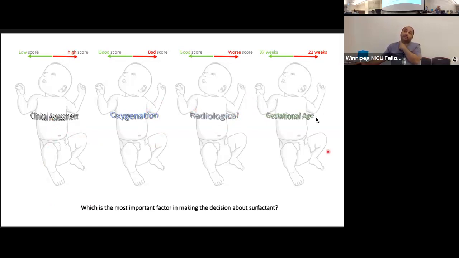Or an extreme preterm infant, like 25, 26 weeks, who has good imaging, good oxygenation, and even good clinical assessment. You would say, okay, 25 weeks does not require surfactant. That's very weird, and you will regret it if this baby develops something or gets worse beyond 12 hours or 24 hours of age. And as we all know, RDS is also a dynamic illness.